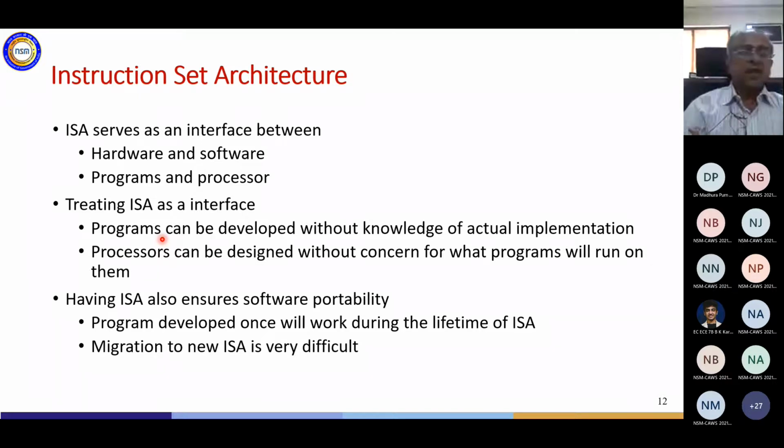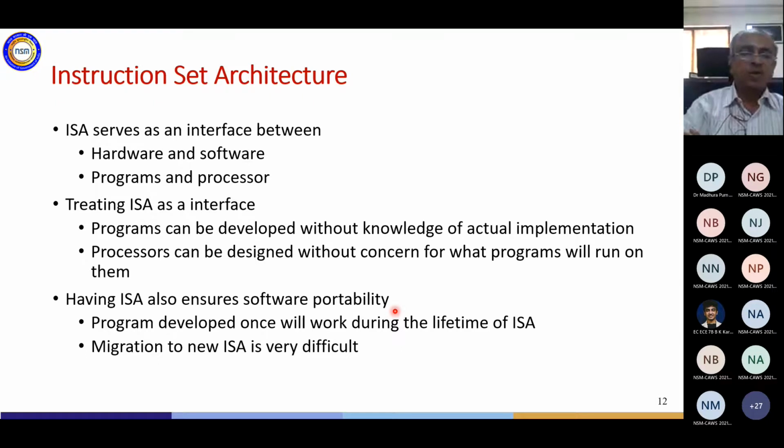Another fallout of ISA is that it ensures software portability. Like I mentioned to you, x86 IA-32 is an instruction set that Intel made for the 80386 processor. Once they did that, the 486 that they made supported all the instructions that the 386 supported. Then they made Pentium.